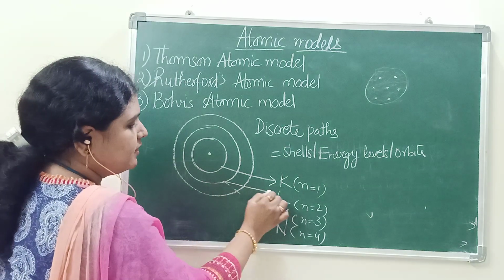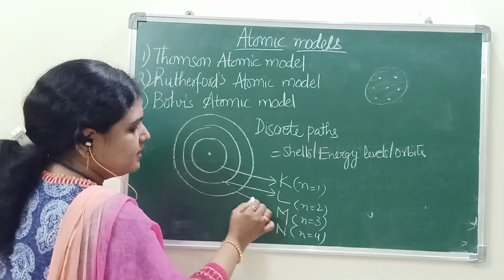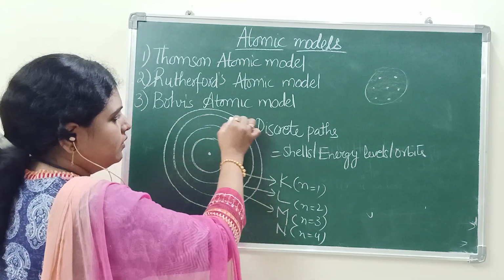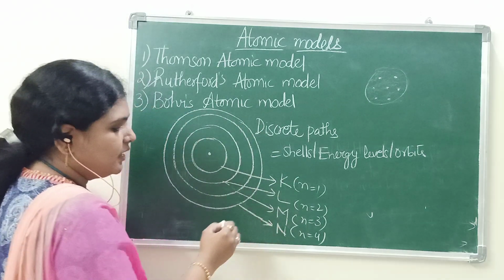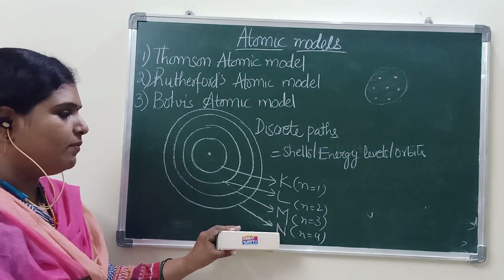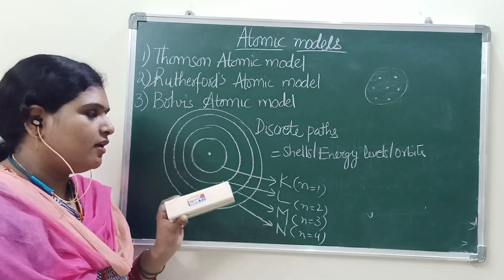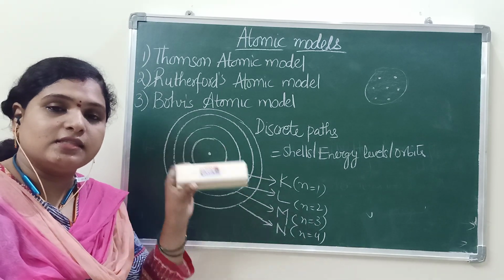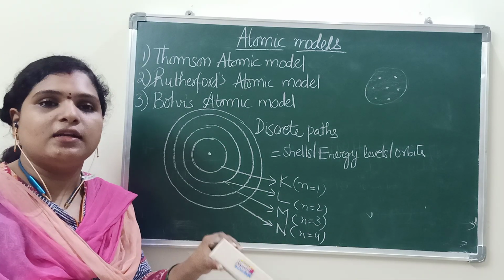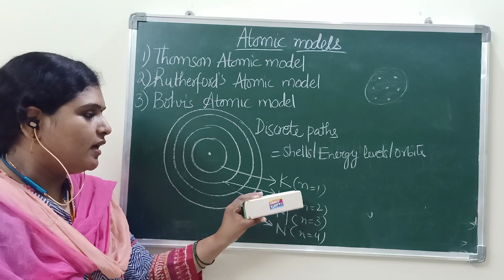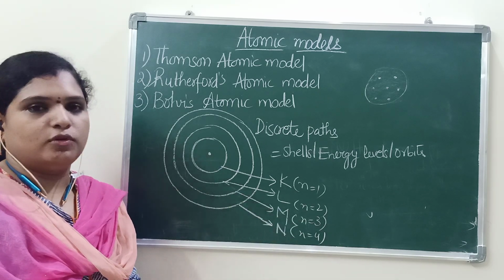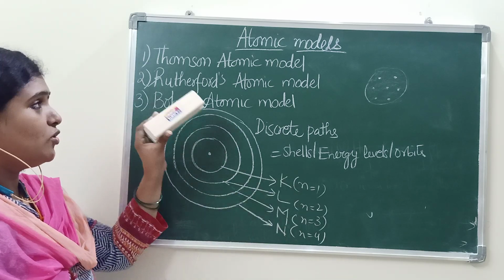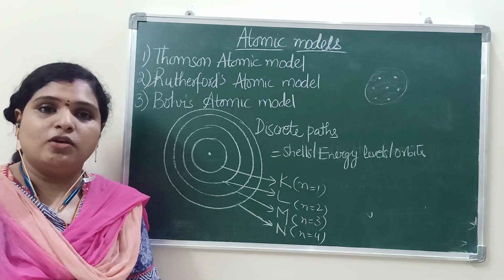This is L. This is M. If we draw one more, this is the N shell. K, L, M, N shells. While revolving around the nucleus in these discrete energy levels, they will not radiate energy. n equal to 1, 2, 3, 4. Okay, this is all about atomic models.